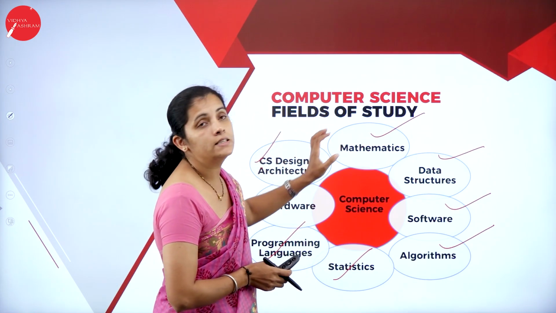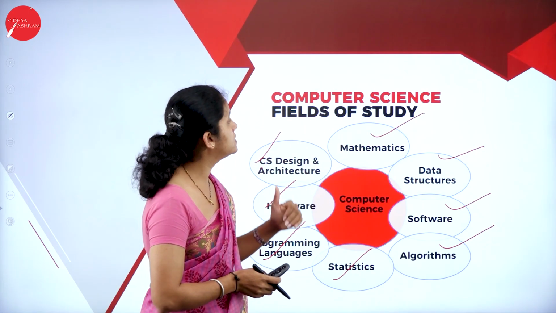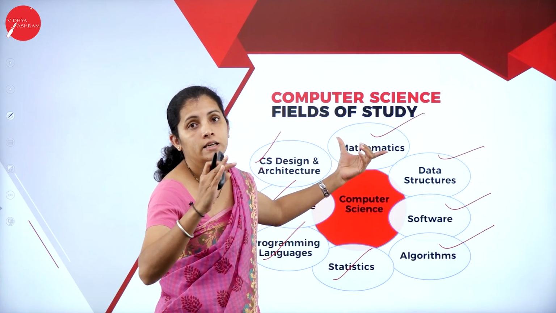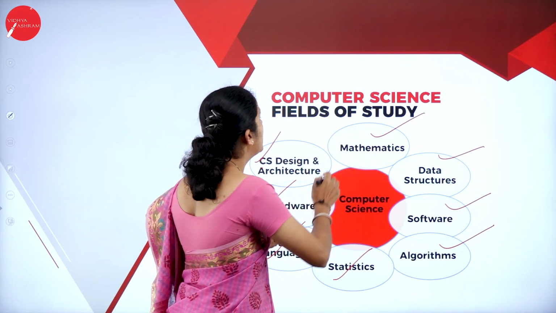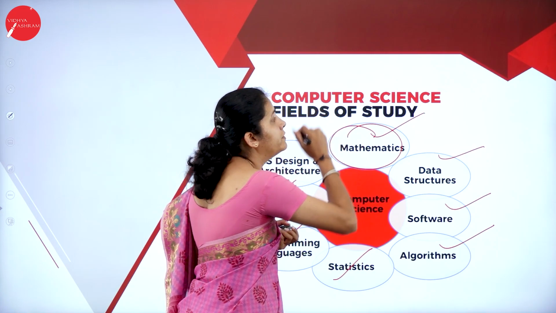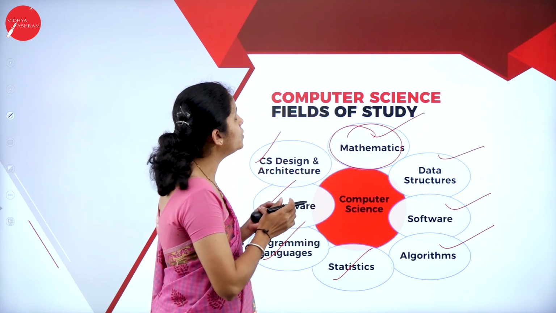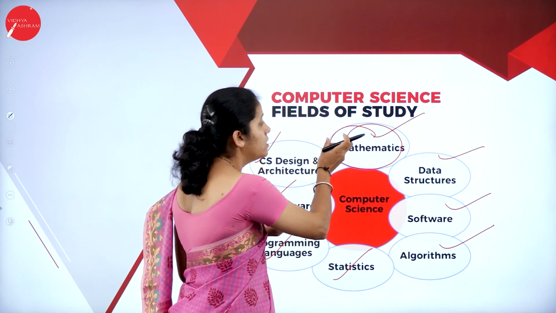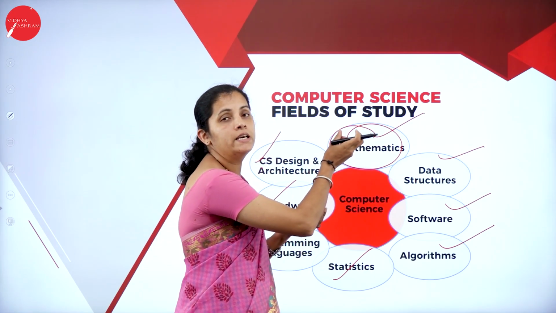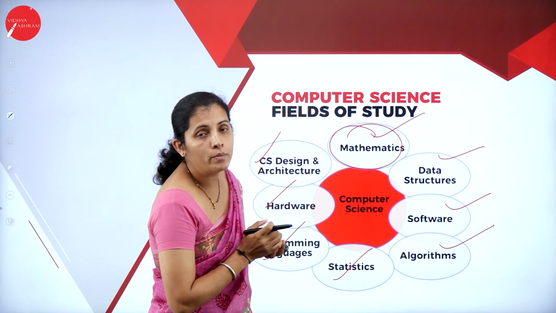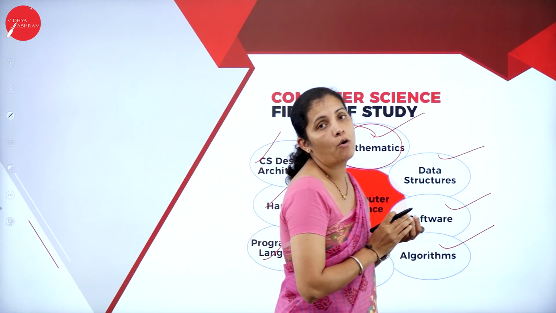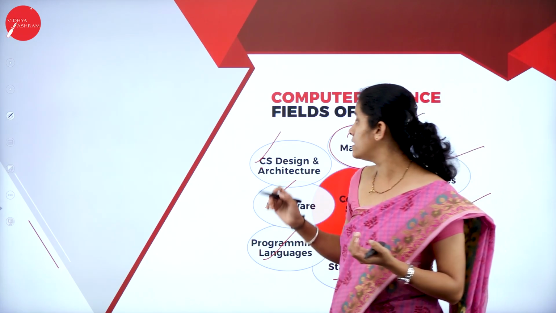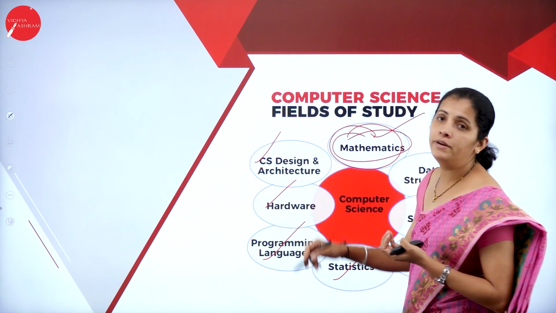Computer science is the study of fields like mathematics. That means all the mathematics-related computations are carried out in the field of computer science. Here we are going to have all the formulas, all the equations, all the theoretical and practical calculations that come under the mathematical field.